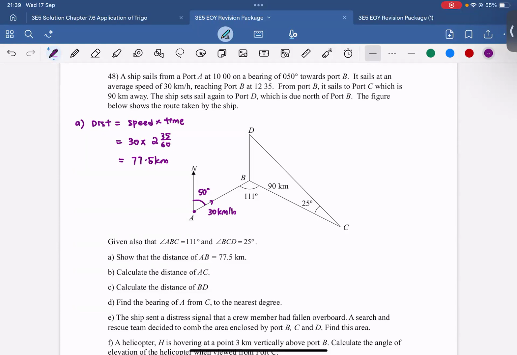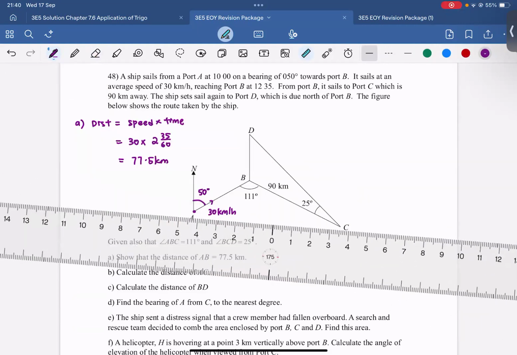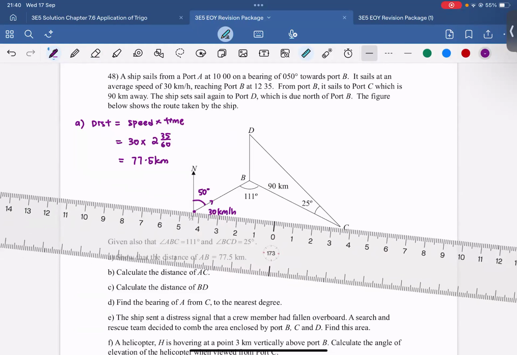Part B, calculate the distance AC. How to calculate the distance AC? How Wait, to sir, calculate? must we put shown for the 77.5 km? You think you will get marks for writing shown?